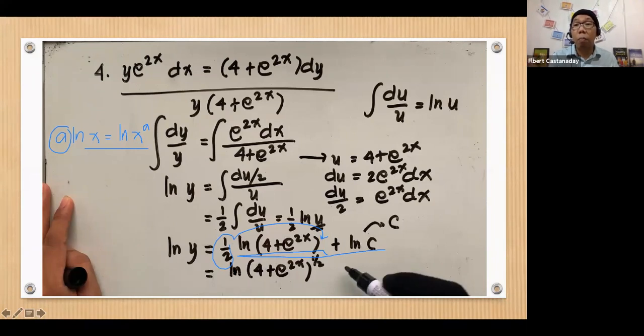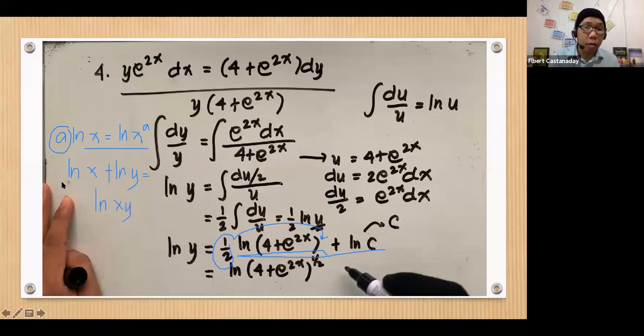Because you cannot combine these two terms if there are coefficients other than 1. So it must be 1 coefficient there, so that you can actually apply the idea that ln of x plus ln of y, putting them into one term, is actually ln of the product of x and y.